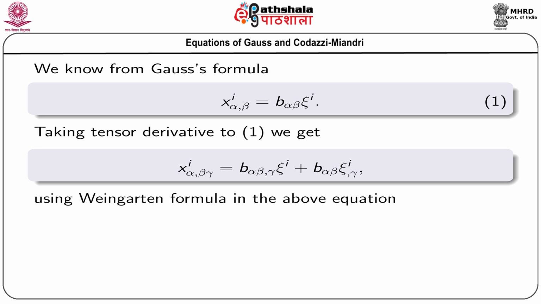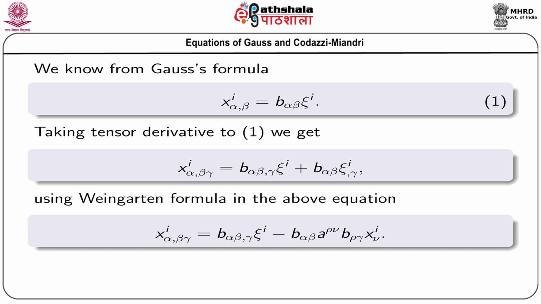So, this one is the expression substituted from Weingarten formula. That means, xi I comma gamma is replaced by the expression in the right hand side from the Weingarten formula.